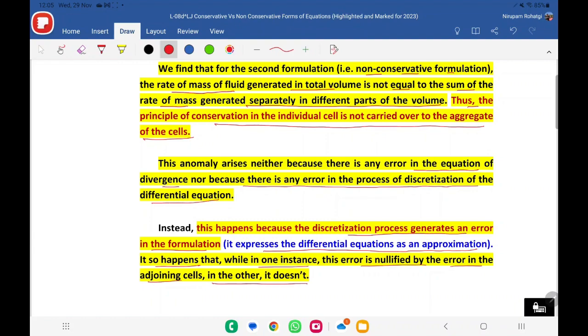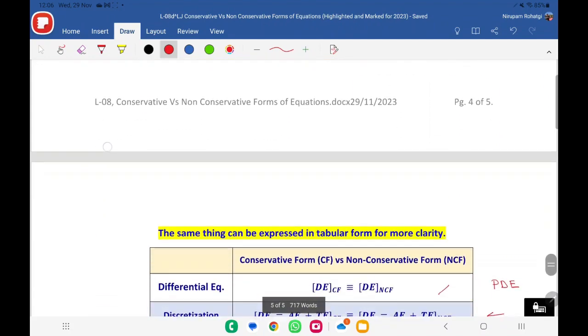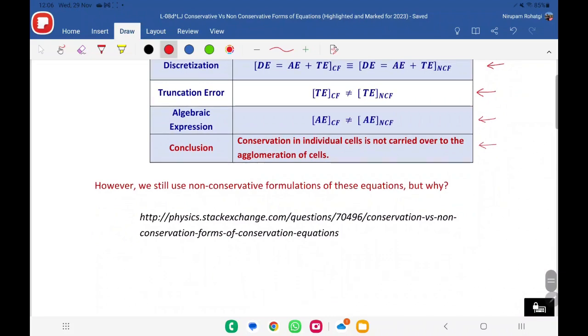While in the second case, that doesn't cancel out. So this is the basic difference. Okay. However, still we use the non-conservative formulation of this equation. But why? Now this is the question that needs to be looked into.